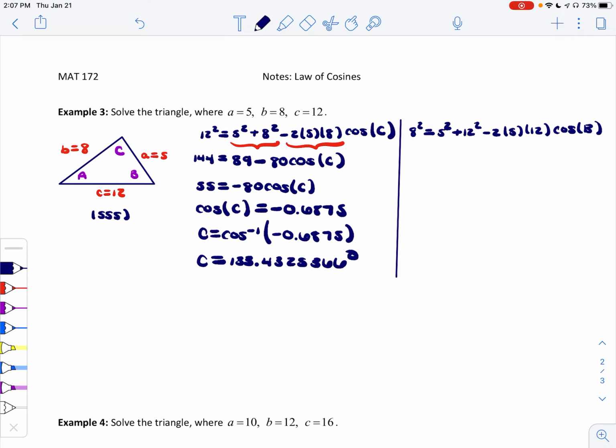All right, so then start evaluating. 8 squared is 64. Then we want to add the 5 squared and the 12 squared, which is going to give us 169. And then we want to multiply 2 times 5 times 12, which would give us 120 times the cosine of angle B. Isolating our cosine of angle B, we'll subtract the 169 over. 64 minus 169 gives us negative 105.